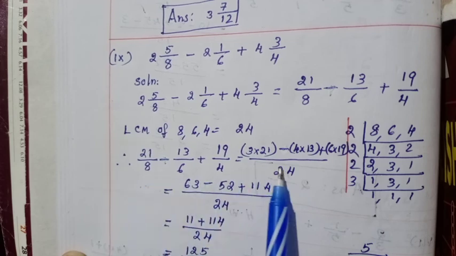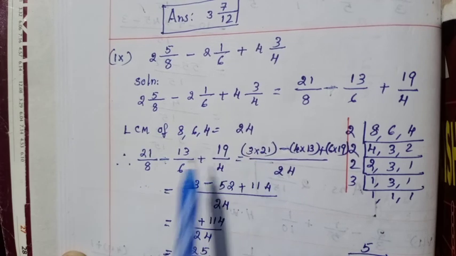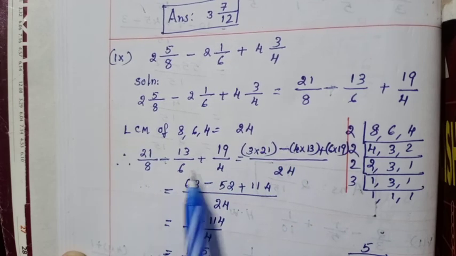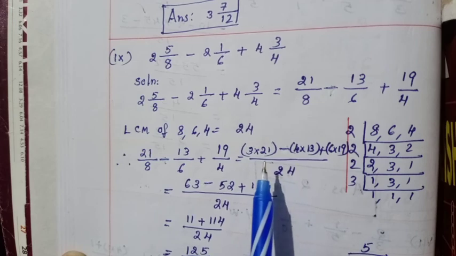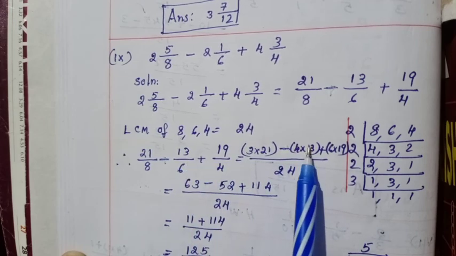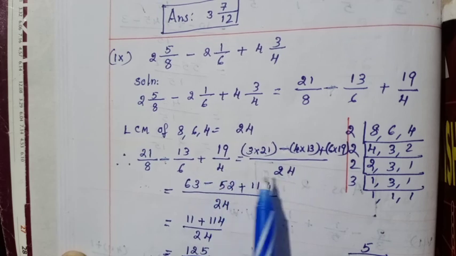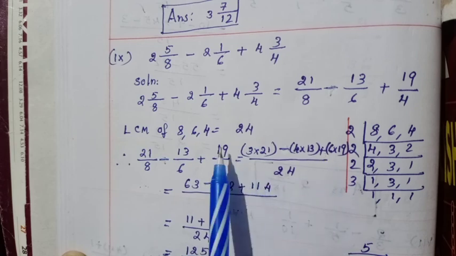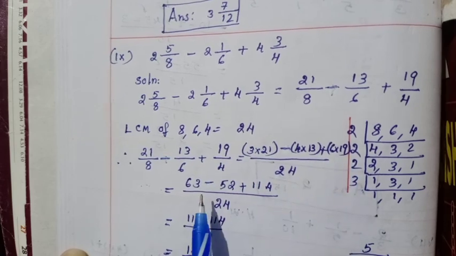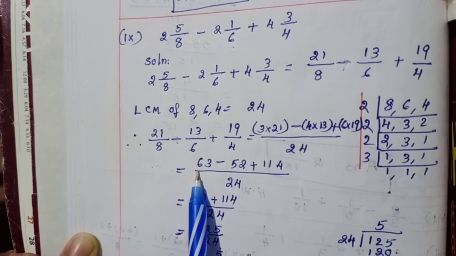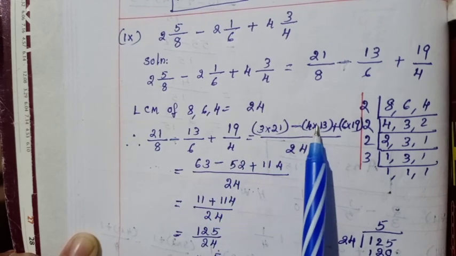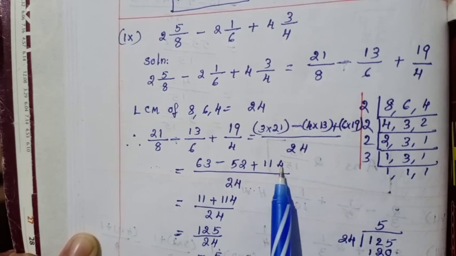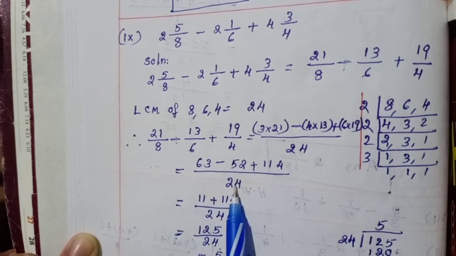Same process: 8 how many times in 24? 3 times, into the first numerator 21. Then this minus sign. 6 how many times in 24? 4 times into 13. Then plus, 4 how many times in 24? 6 times into 19. Next, 3 into 21, 63, minus 4 into 13, 52, plus 6 into 19, 114, all by 24.